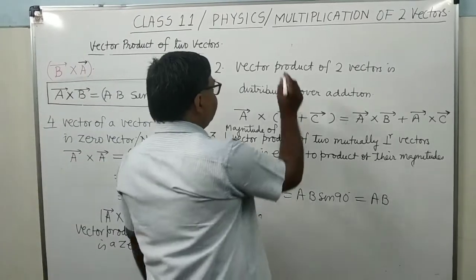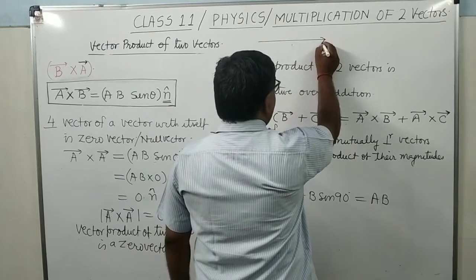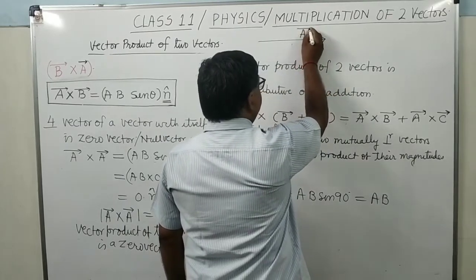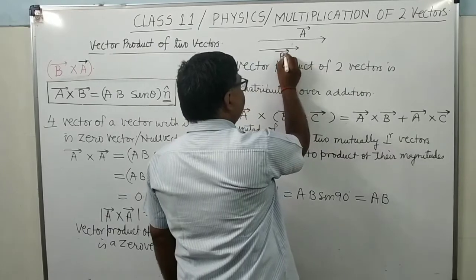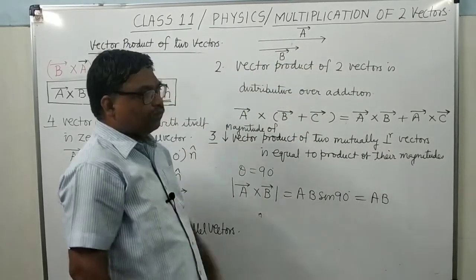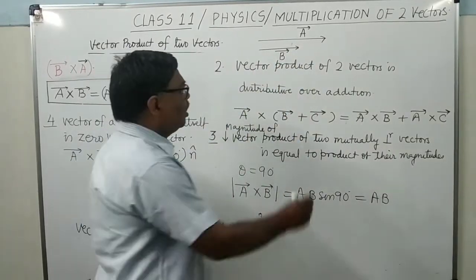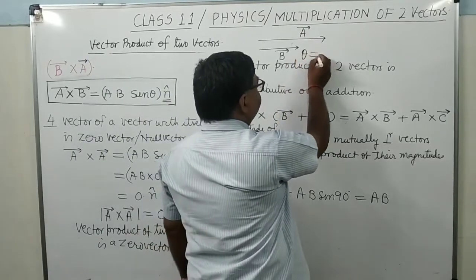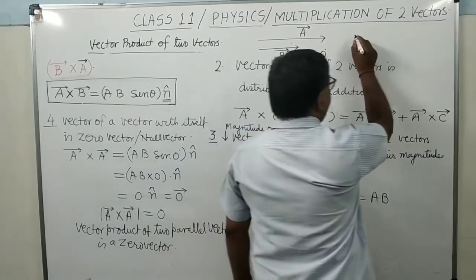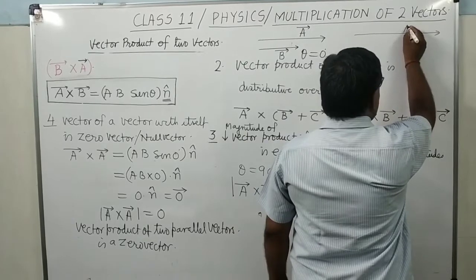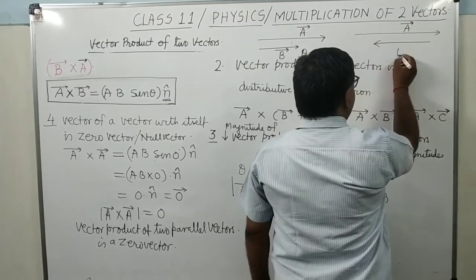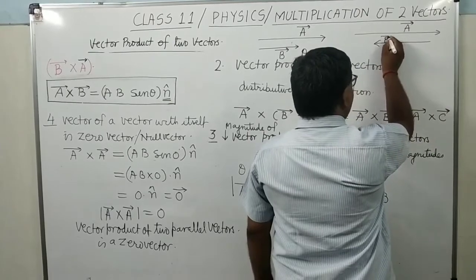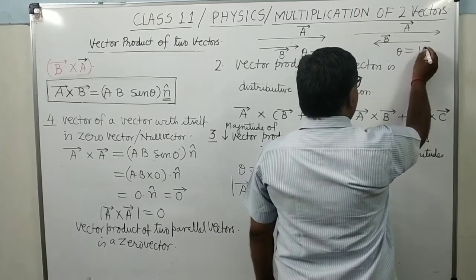Parallel means they may be parallel or they may be anti-parallel. Here both vectors are said to be parallel, and theta will be 0 degrees. But here both vectors are anti-parallel, in the opposite direction, and theta will be 180 degrees.